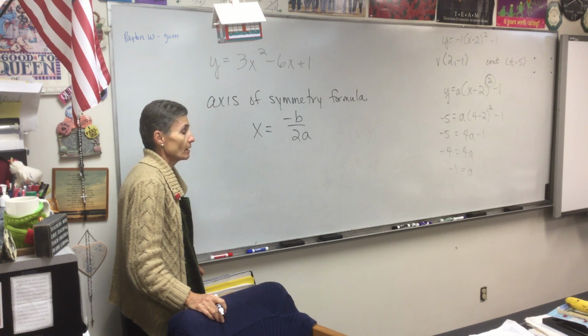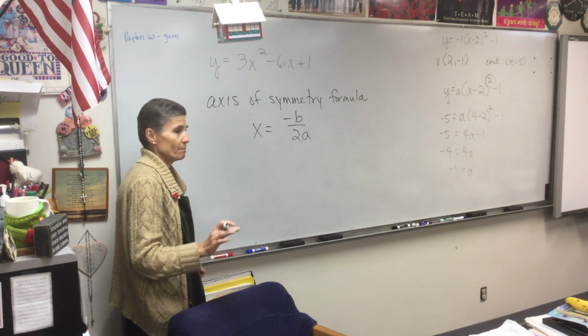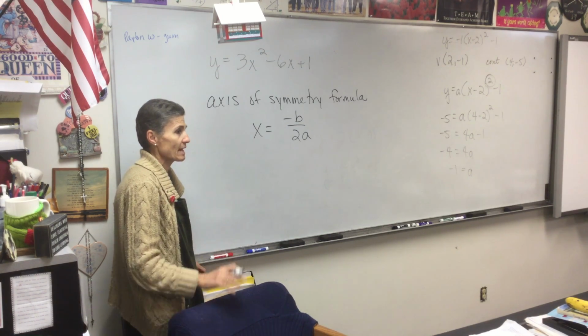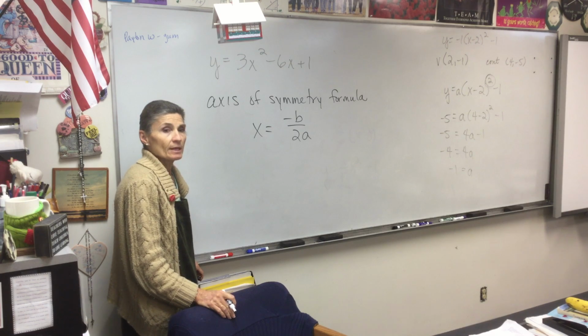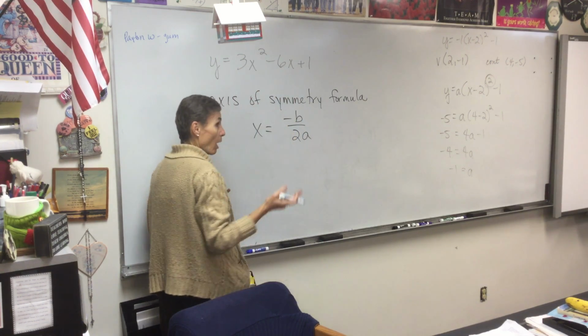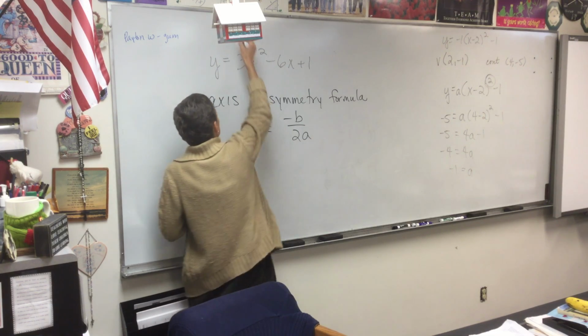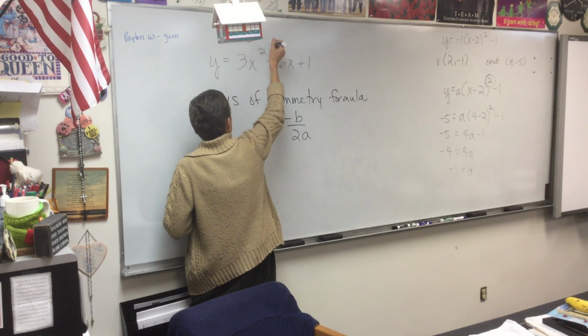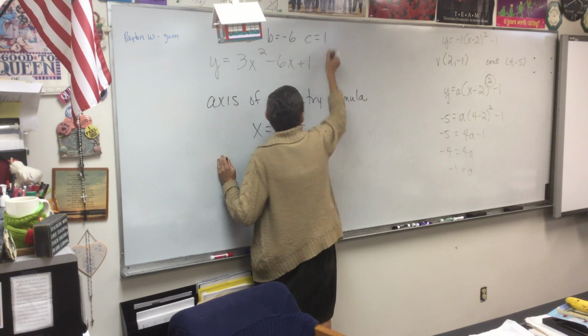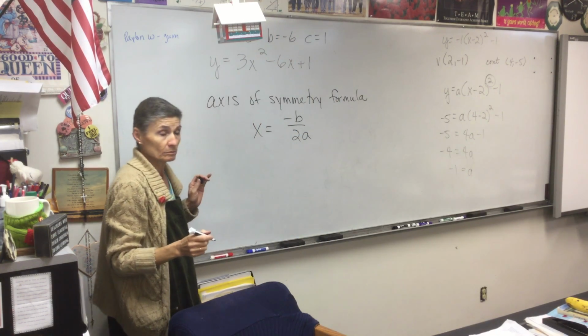Okay. Now, b and a, what are we talking about here? Where's that coming from? In the equation, if you think about doing the quadratic formula, you would say a equals 3, b equals negative 6, and c equals 1, wouldn't you?